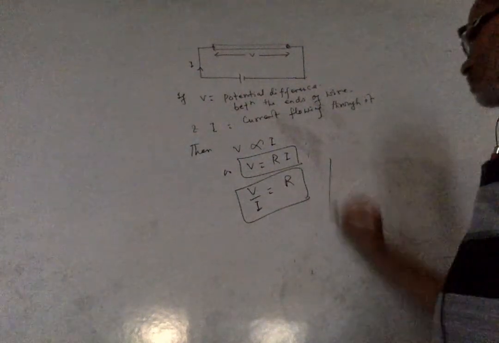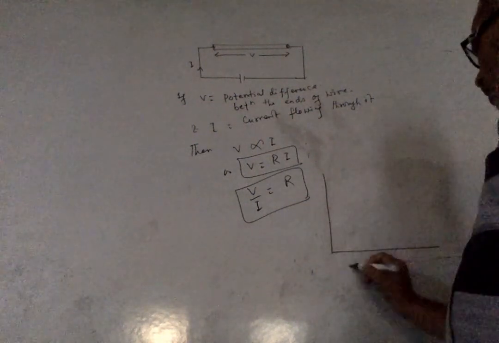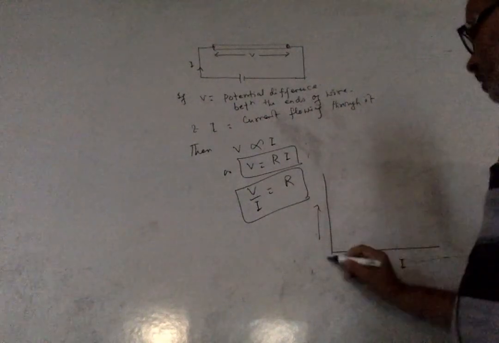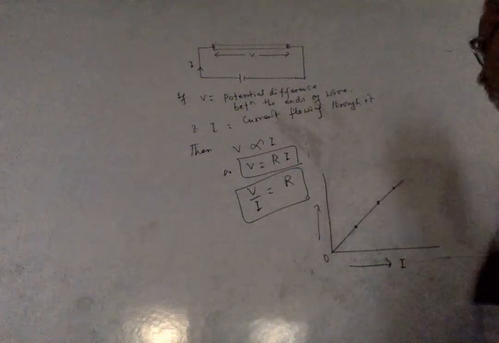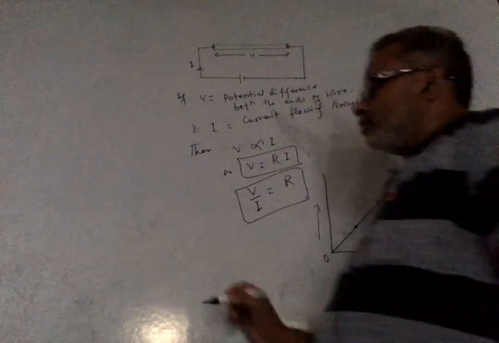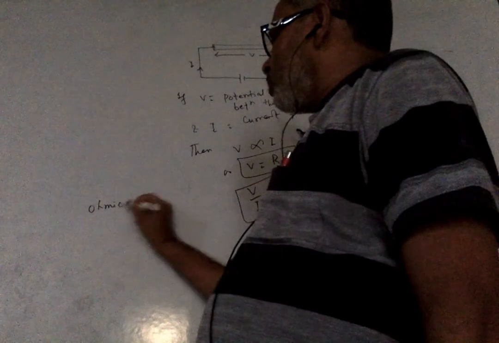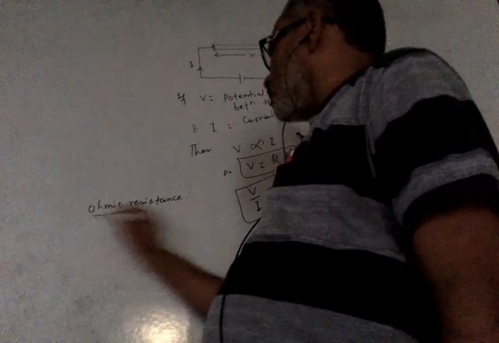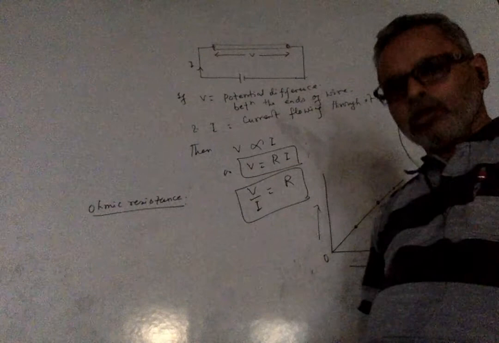Plotting the graph of I versus V, we obtain a straight line. The nature of the graph is a straight line. Ohmic resistance: the resistance which follows Ohm's law is called ohmic resistance.